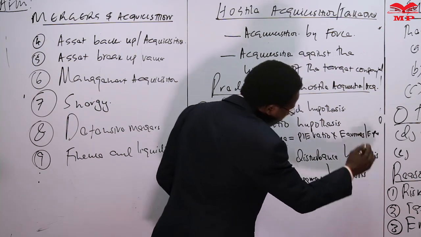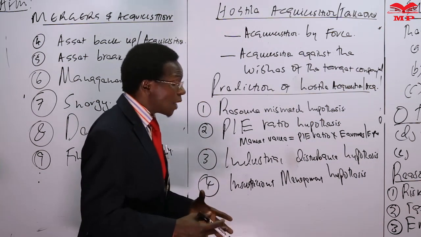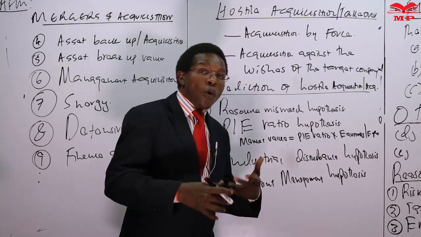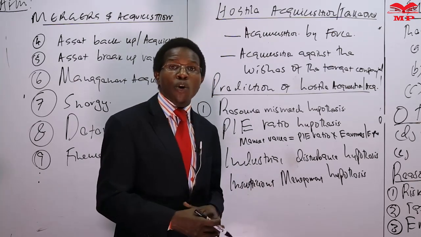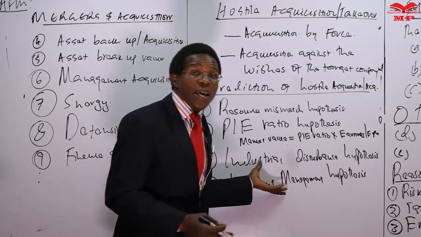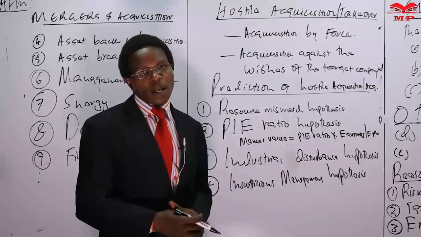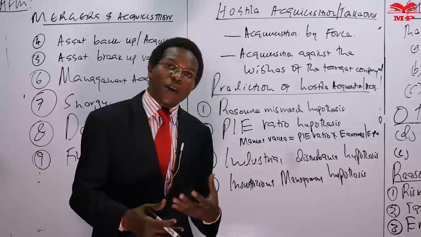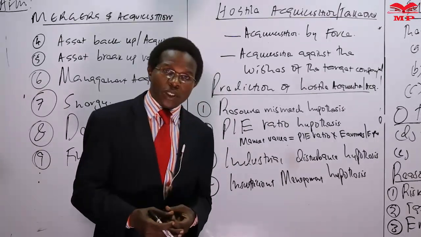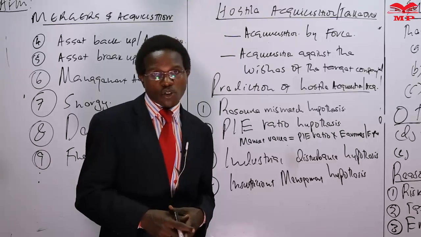Insufficient management hypothesis. Some management may not be well skilled or experienced enough to identify that the company is likely to be taken over. They cannot easily identify the strategies to put against a wholesale takeover.